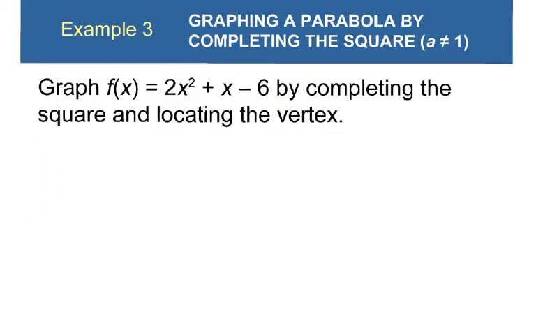Okay guys, I'm going to show you another example of completing the square, but this time our value of a is not 1, it is 2. And whenever I say value of a, that means the coefficient on our x squared term. So the first step in completing the square, if your value of a is not 1, is that we have to factor it out.